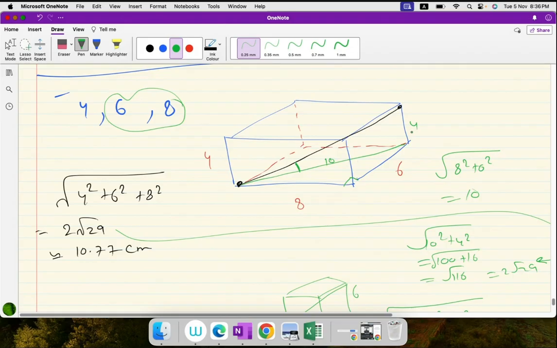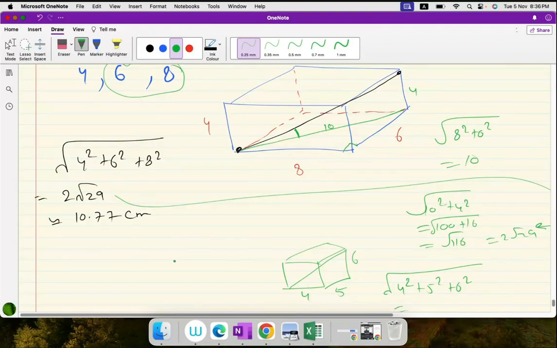We have 4, we have length 10, and we can find this angle. Tan of the angle is perpendicular over base. So tan inverse of 4 by 10. Shift tan 4 by 10 is 21.8 degrees. Ali, any confusion?